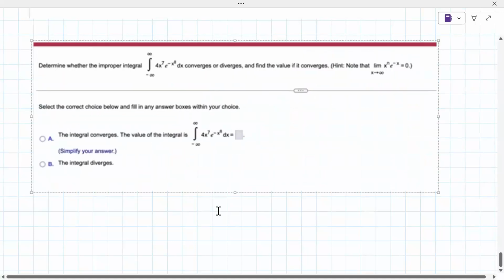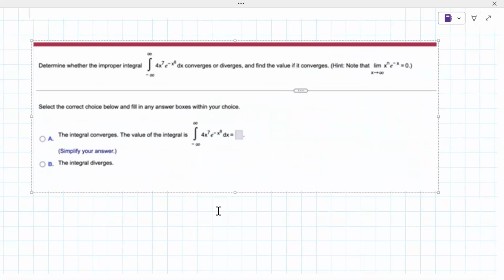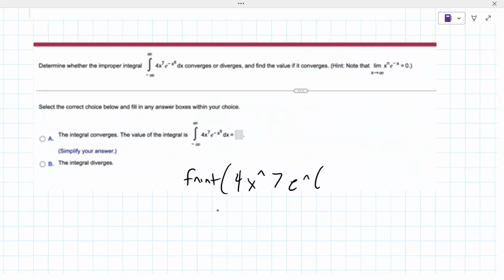Oh boy, hopefully this will work. fnInt of 4x^7 e^(-x^8), comma x, let's just go minus 10 to 10 instead of the infinities. See if that ends up working.